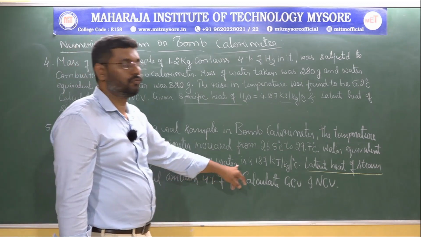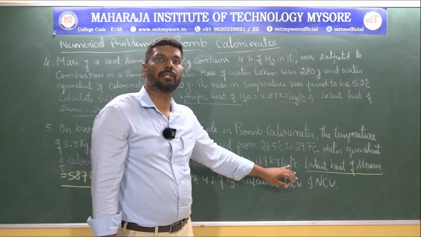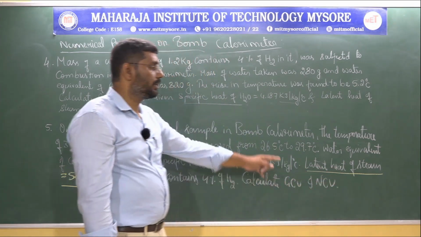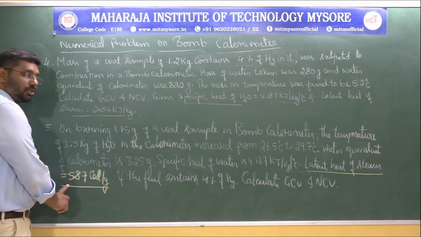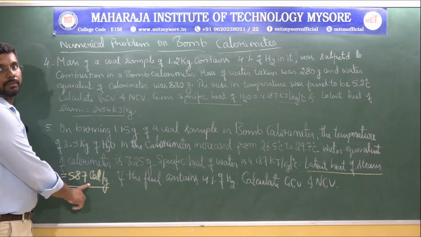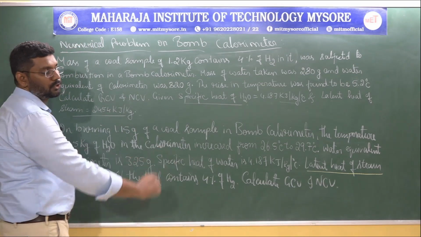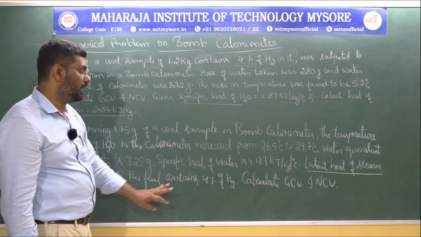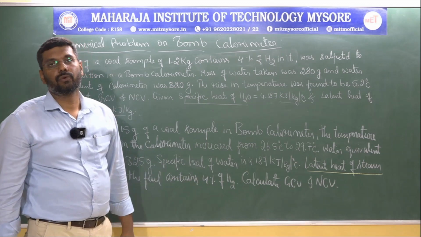The specific heat of water is 4.187 kilojoules per kg per degree centigrade, and the latent heat of steam, which I have highlighted, is given as 587 calorie per gram. He asks you to calculate NCV and GCV by considering the percentage of hydrogen as 4.